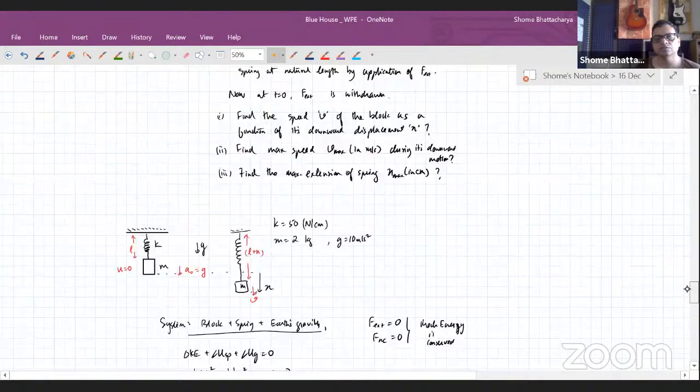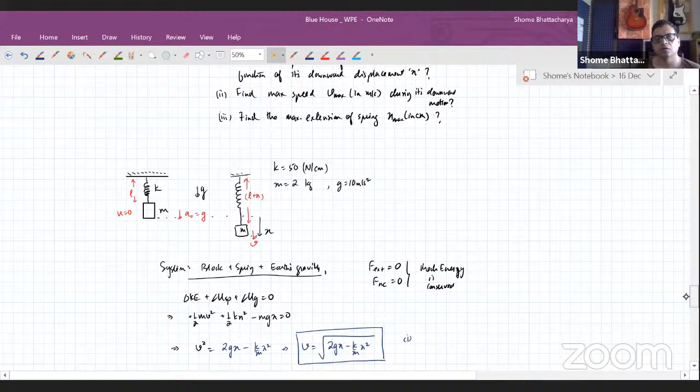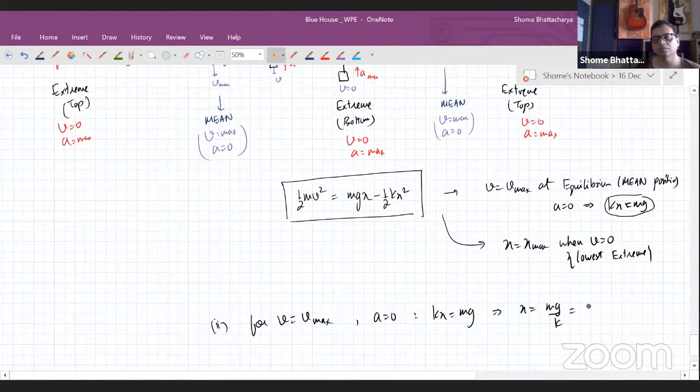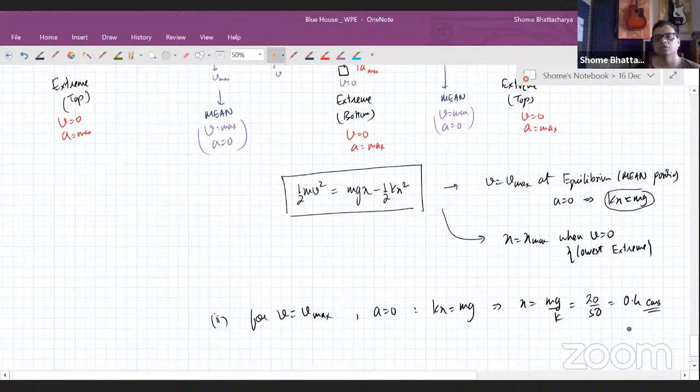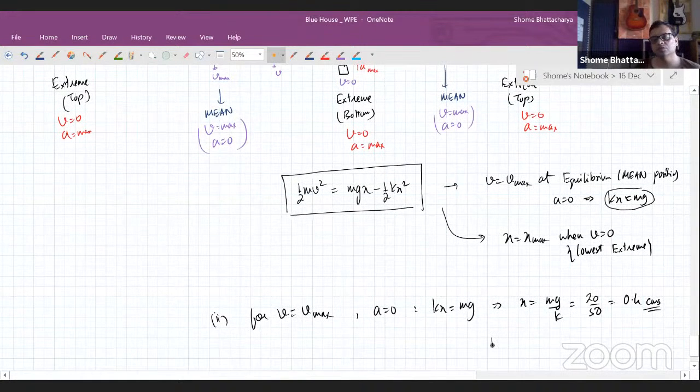So how much was that now? 20 divided by 50 or 0.4 centimeters. So substitute this x in this equation. So half mv max square is equal to mg into 0.4 centimeters minus half k into 0.4 centimeters square.